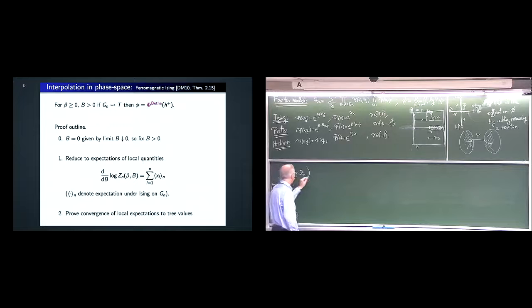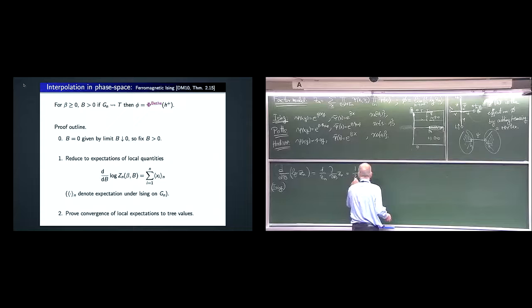Okay, so if I do that, of course, I need to differentiate the log of Zn. Zn is a sum over lots of things, so I need to differentiate each of these things. One of the Zn is going to be a sum over x, and I use these two terms.